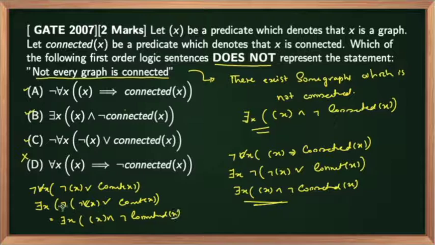See, I'm just applying the negation to both graph of x and connected of x. So this is the same as what we have got here. So all these three statements A, B, C are the same and D is false. So the answer should be D.